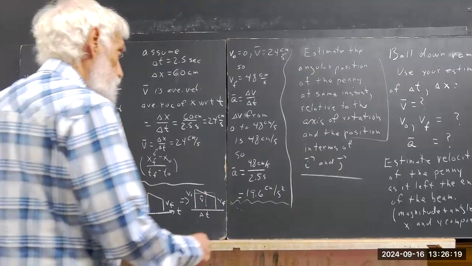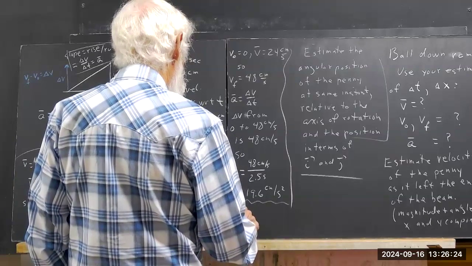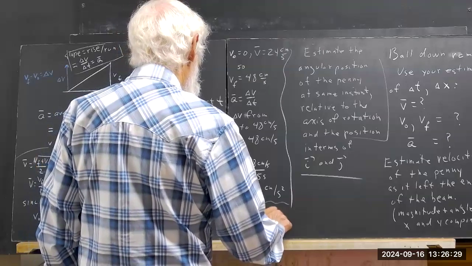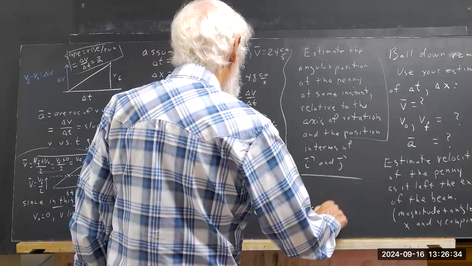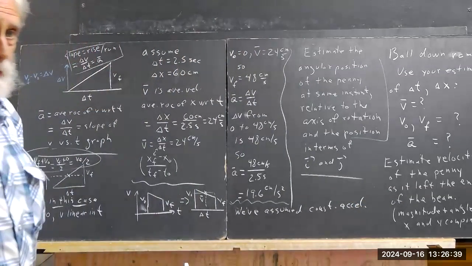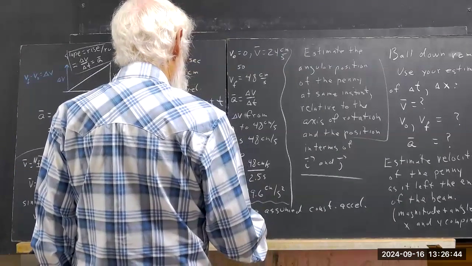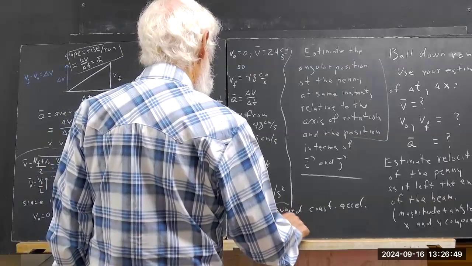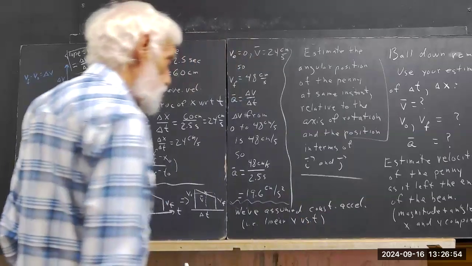There it is. And then finally, we've assumed constant acceleration, which is the same thing as saying that V versus T is linear.